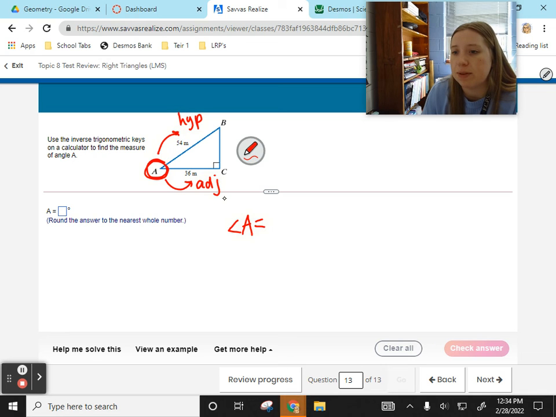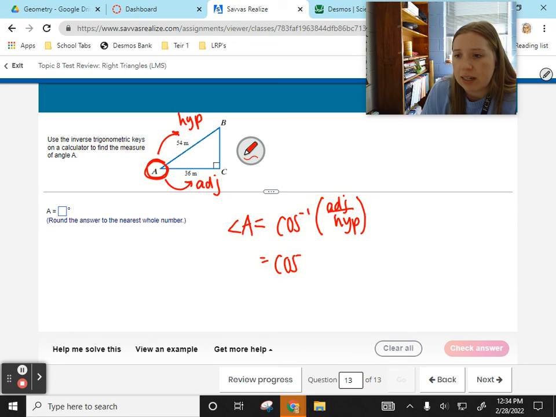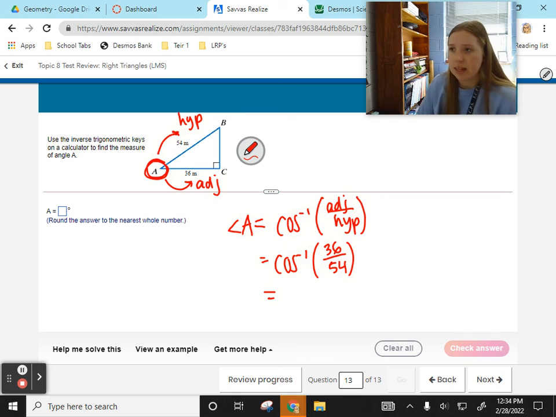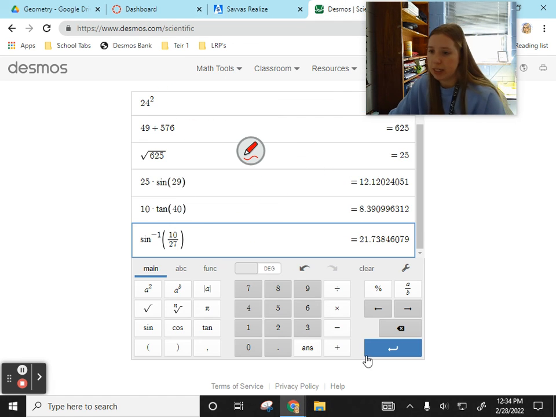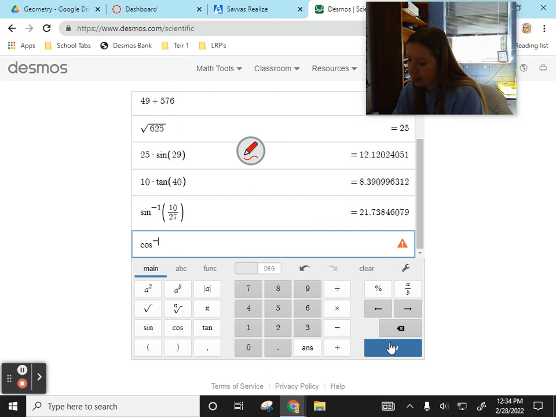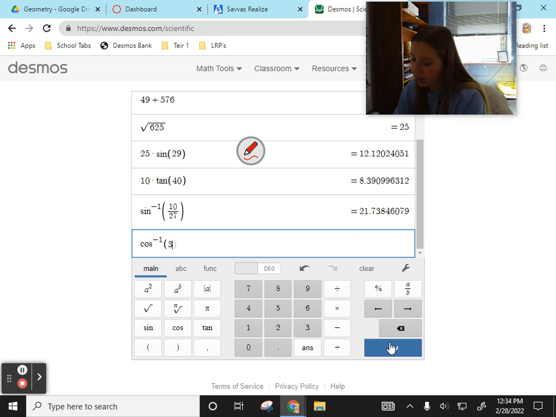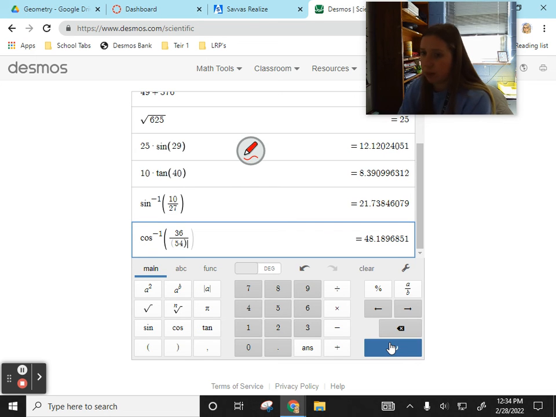Angle A equals cosine inverse of adjacent over hypotenuse. Cosine inverse of 36 over 54. And then that's the last one I'm going to type in my calculator. Cosine inverse 36 over 54.